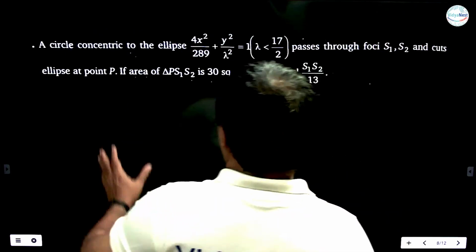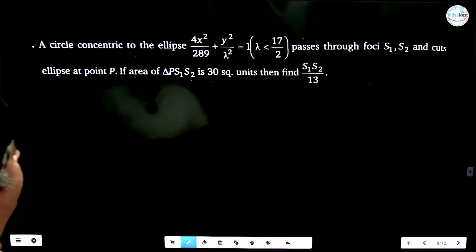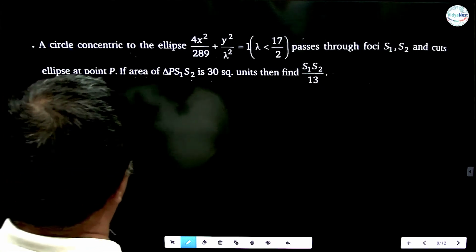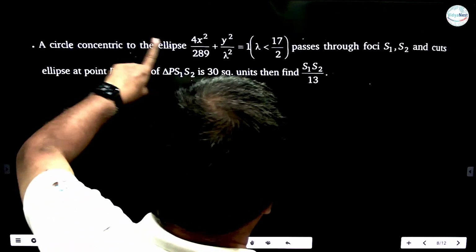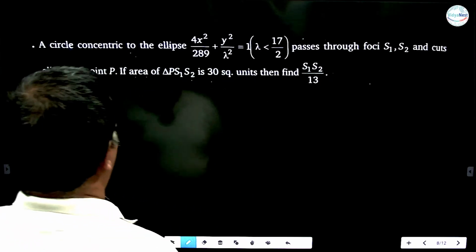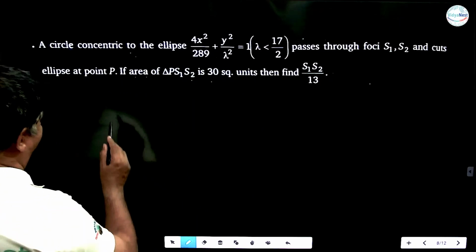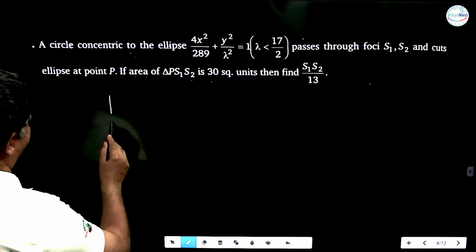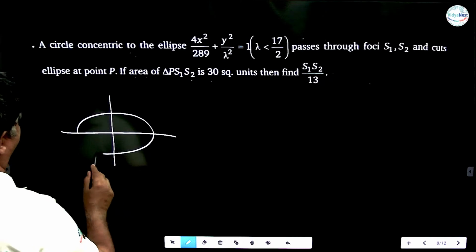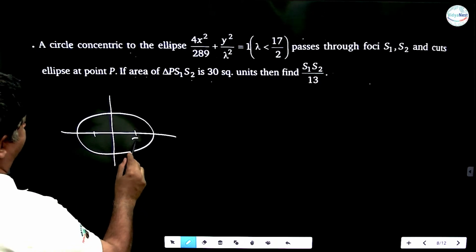Just wait. See this sum. That is an ellipse. And one circle concentric to this ellipse passes through the foci and cuts the ellipse at P. So let us draw one ellipse. Two foci it has.